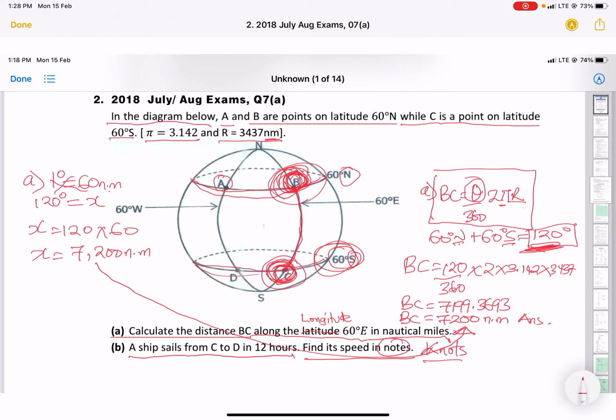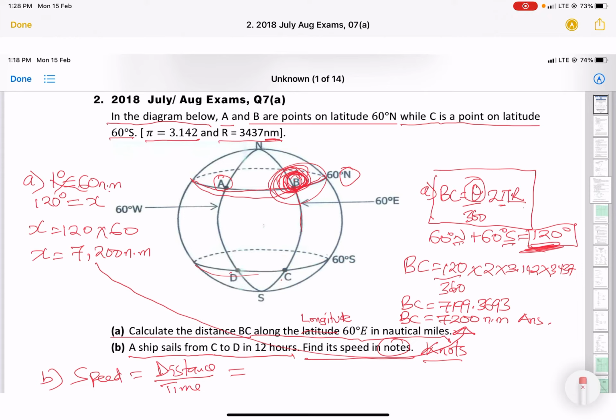So we are finding a speed. Speed is equal to distance over time, and we are finding the speed from C to D.